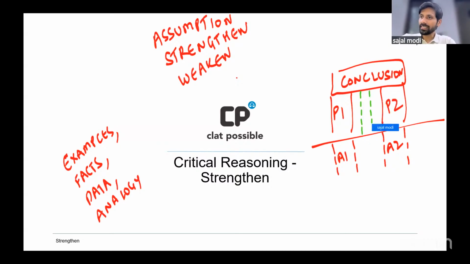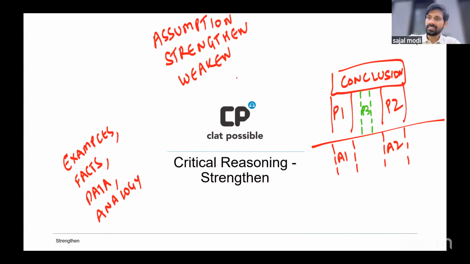I'm just drawing it in green, which acts as pillar 3 for the conclusion. So this is additional support on top of what is already given as premise, right? Now this pillar of support is coming from the option, right?